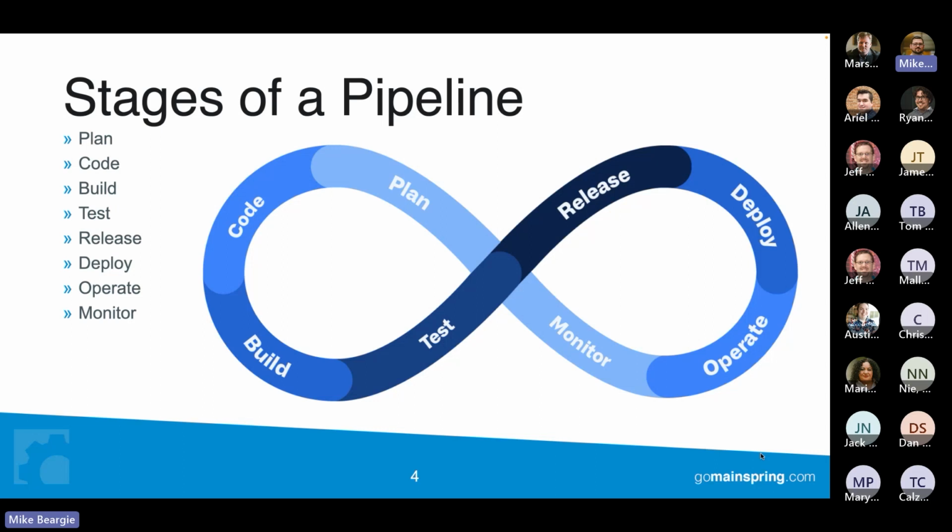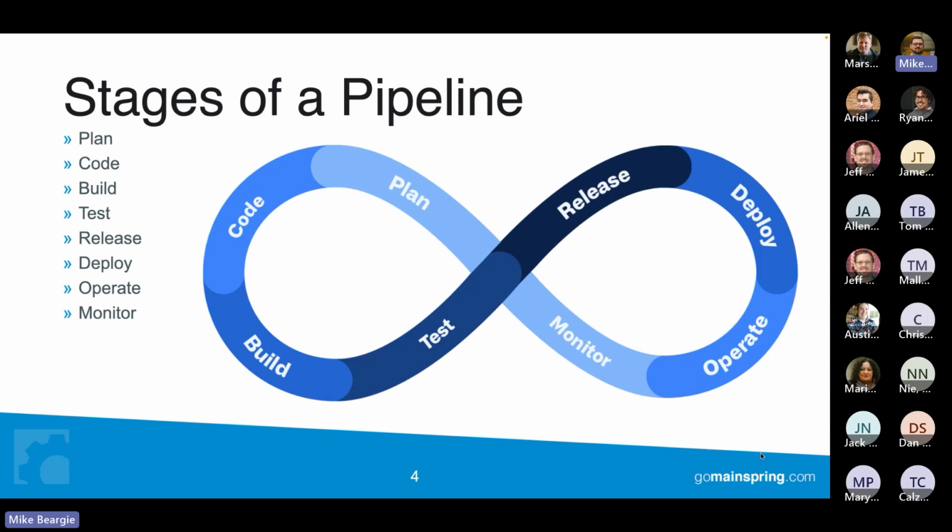So obviously, the planning stage is where the teams are going to meet and discuss what needs to be built. This could be an overall kickoff to a project, or it could just be planning what's going on in the next 2 weeks.